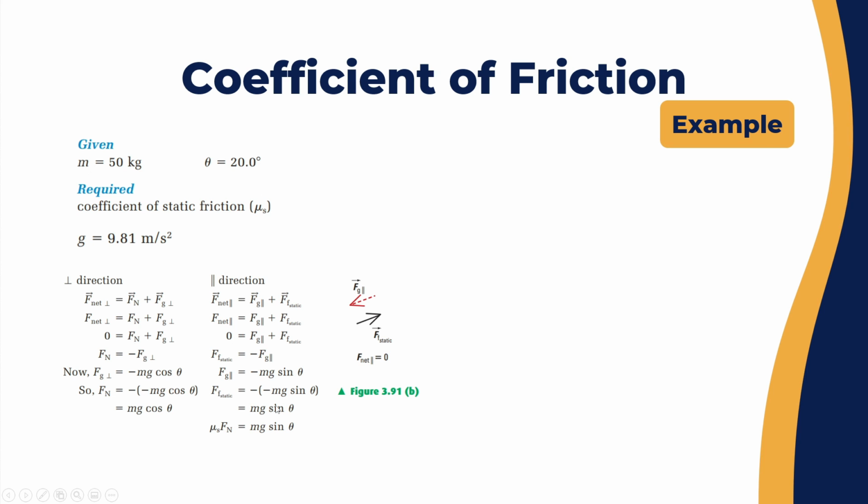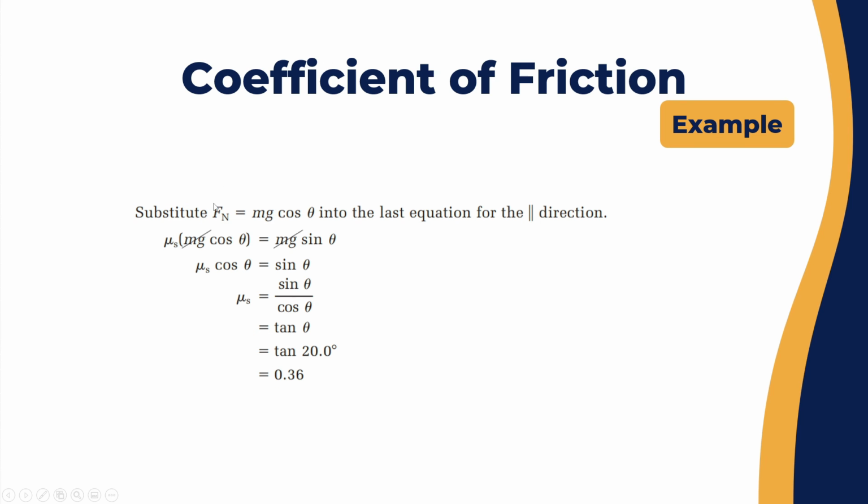So the F static force equals mg sine theta, but we know the F static force equals mu static times the normal force. We know that the normal force equals mg cosine theta. If you eliminate mg on this side with mg on this side, then the coefficient of static friction equals sine theta over cosine theta. By trigonometry, sine over cosine is tan theta. So the coefficient of static friction equals 0.36, and there are no units for the coefficient of friction.